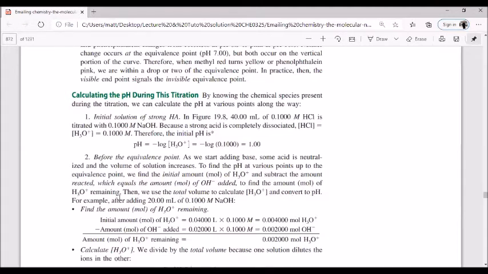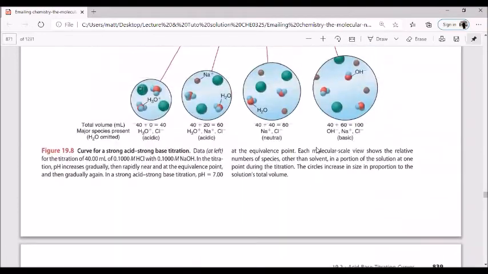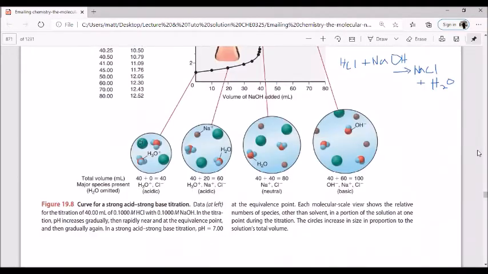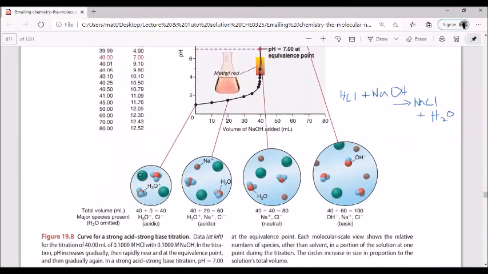For example, let's take the case after adding 20 ml of 0.1 molar sodium hydroxide. At this point, how to calculate the pH?